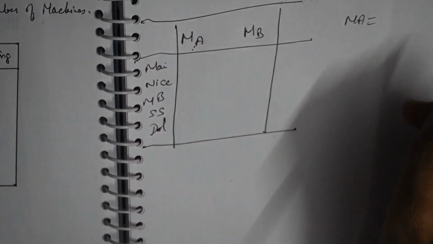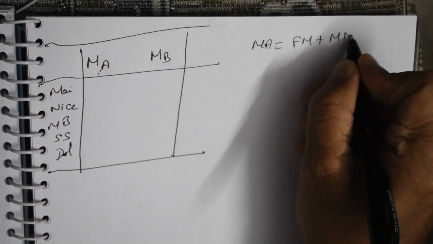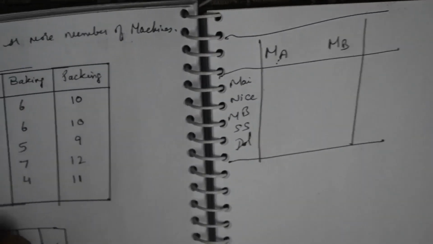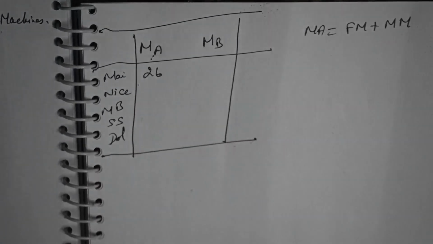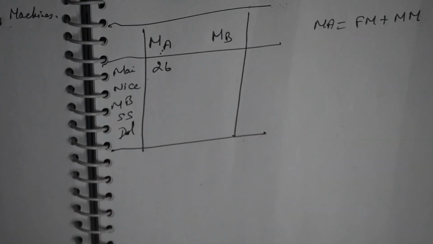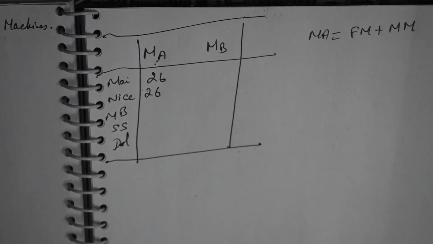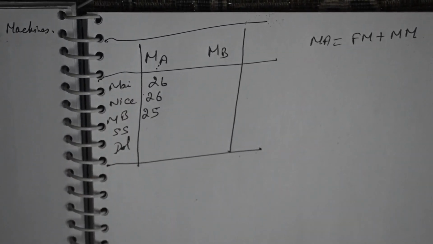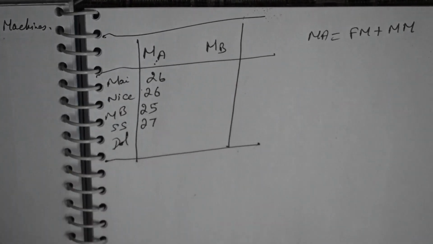Machine A is equal to first machine plus middle machines. First machine for Mari is 13 minutes, middle machines is 7 and 6, which means totaling to 26. For Nice, 12 plus 8 plus 6, 26. For Milk Bikis, 11 plus 9 plus 5, 25. For Salt and Sweet, 14 plus 6 plus 7, 27.